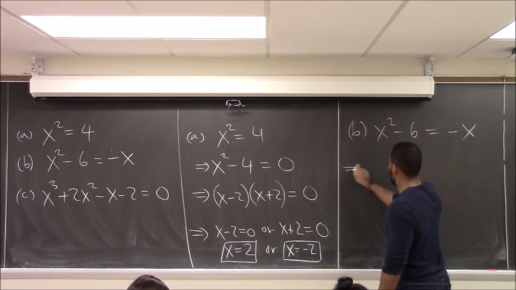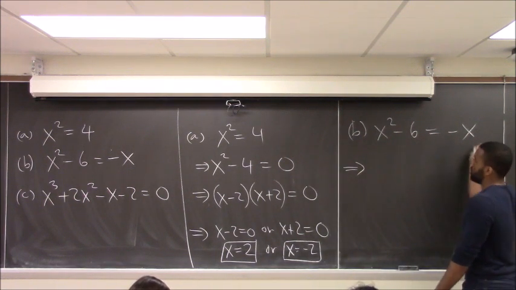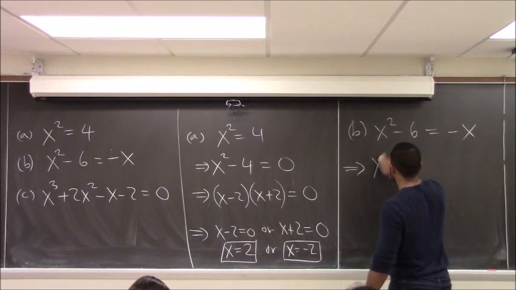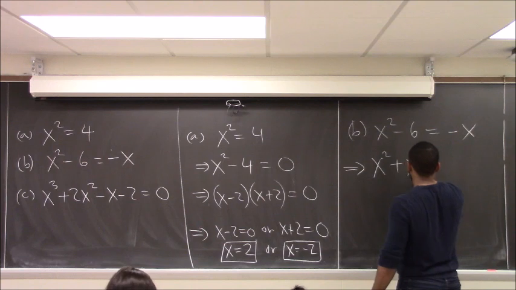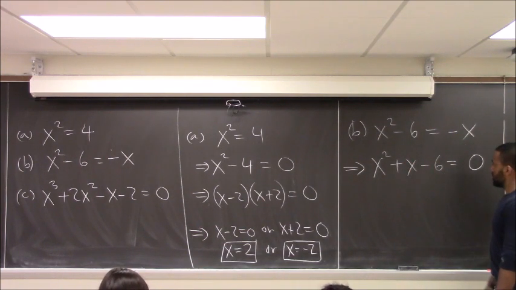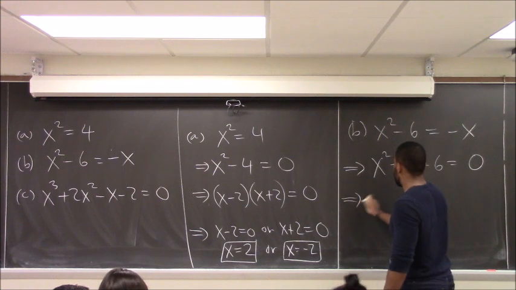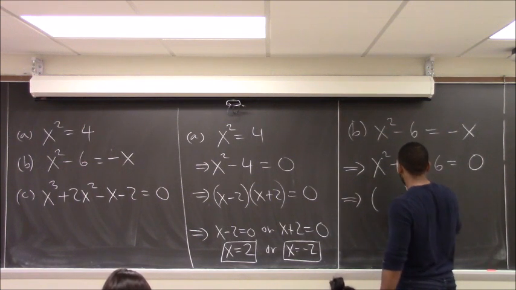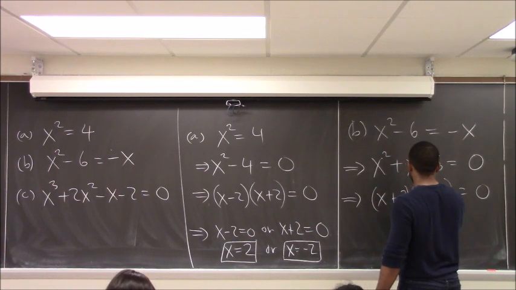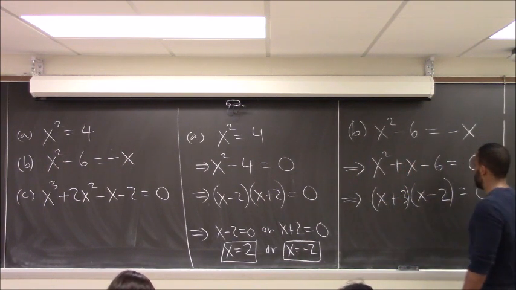What do we do here? Add x to both sides, because we're going to strategy once to bring everyone to one side. Just to be suggestive, I'll line it up in the middle. Now what? x plus 3, x minus 2. Right, now you factor. So this one we know how to factor. Plus 3 minus 2.